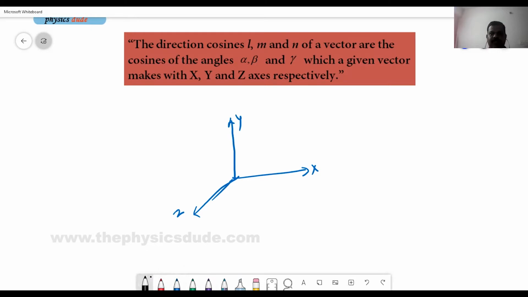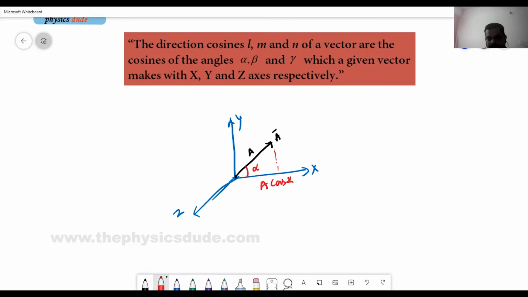Now let me consider a vector. This is a vector a bar whose magnitude is a only. Here, let's consider the angle made with the x-axis, say alpha. So what is the component of this in this direction? A cos alpha.